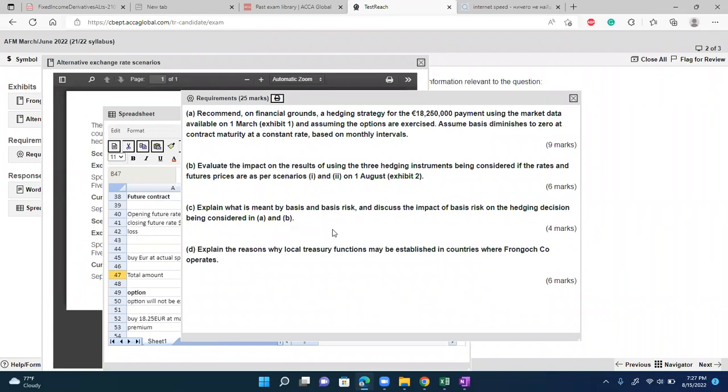Obviously in part C you will explain that in scenario 2, the company is facing basis risk. In scenario 1, the company does not face any basis risk.